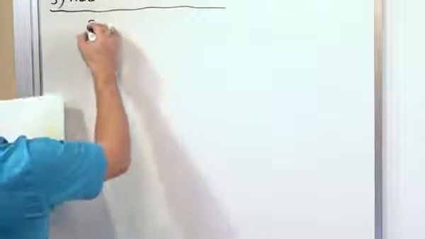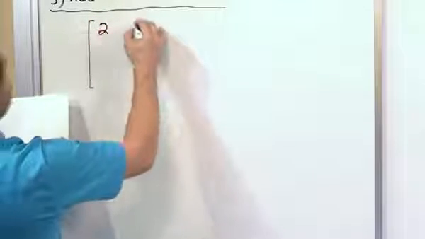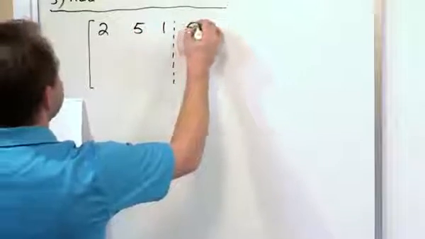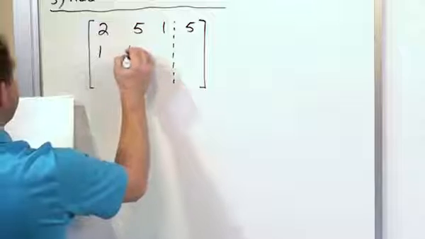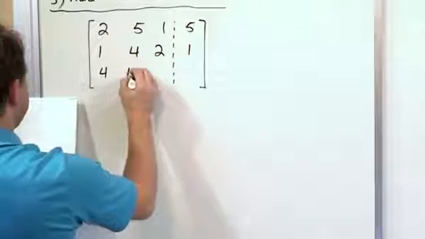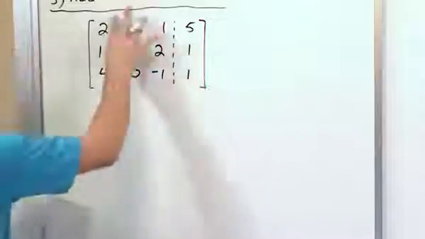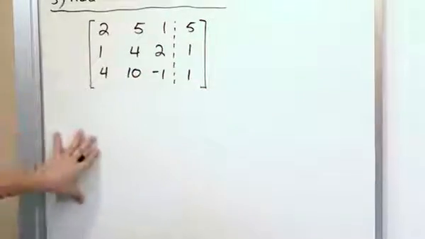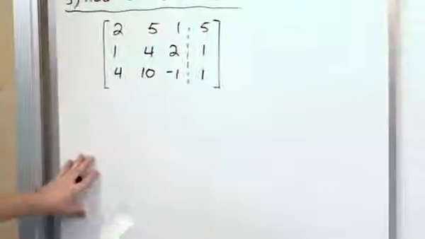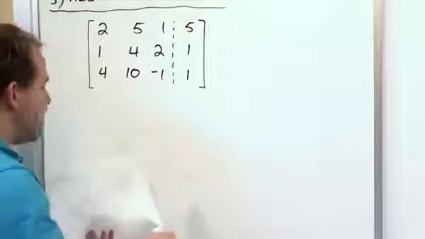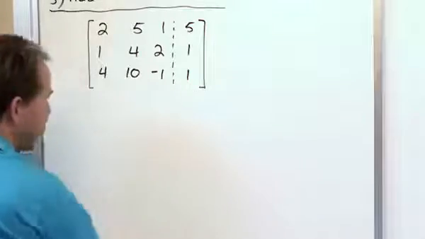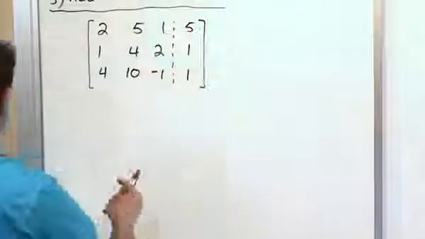So we have 2, 5, 1, 5, 1, 4, 2, 1, 4, 10, -1, and 1. This is the original augmented matrix. Nothing has changed. This is exactly coming from our system of equations. We've done nothing yet. All right? Now what we want to do is start working, and I'm going to start working down the board here. I'll try to swap colors every now and then too.